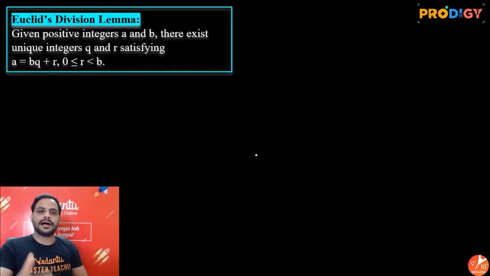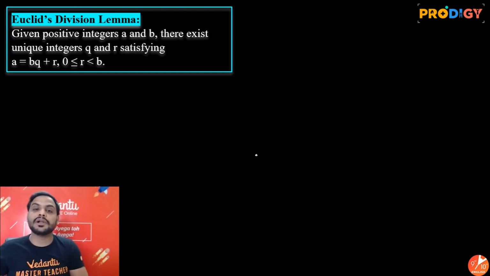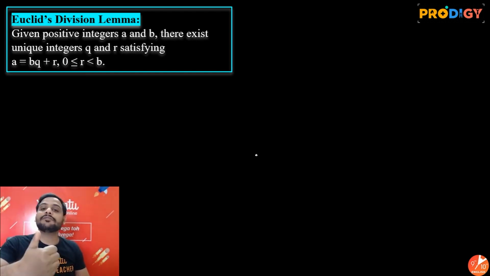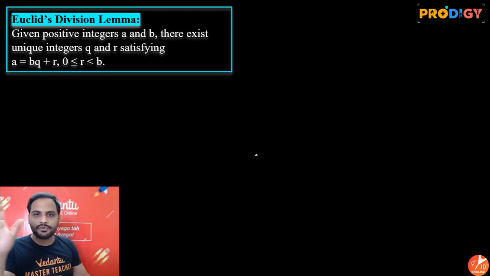We get answers to problems where we are asked to show that the sum of two even numbers is always an even number, and the sum of two odd numbers is also an even number. So we can prove these statements with Euclid's division lemma. Now, how do we prove it? Let's prove that later. But first focus on how I can write a number or numbers in different forms through Euclid's division lemma.